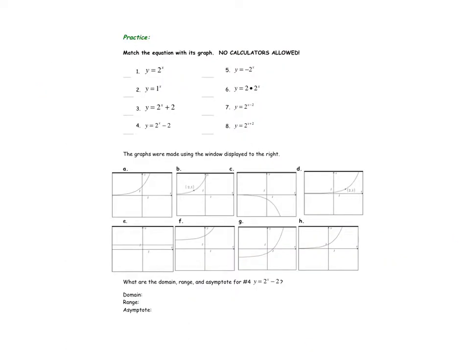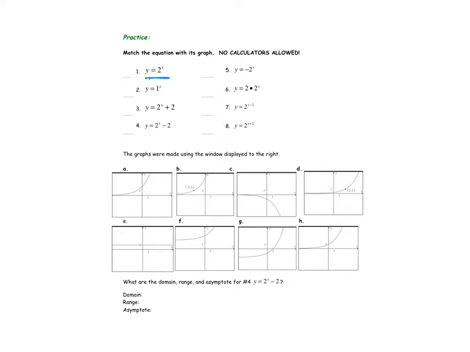Last page. So on these, what I would recommend doing is find the parent function and then the graph of the parent function, and then each one of the other graphs is some sort of transformation. So in looking at these equations, 2 to the x we can think of as our parent function. We've graphed that a bunch of times.